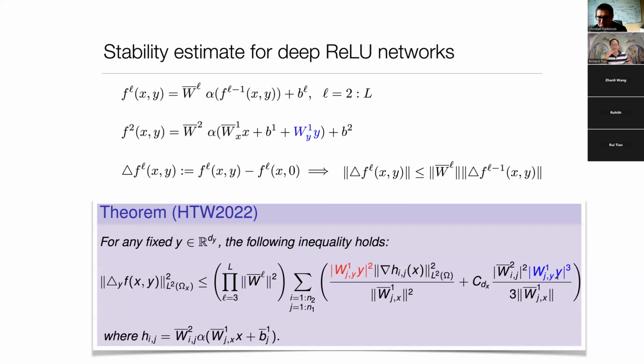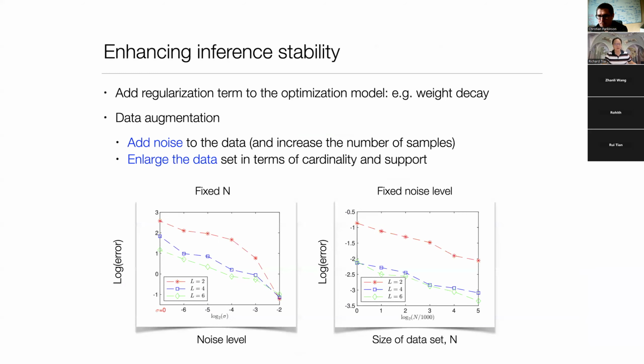The second thing that is interesting is that there's a gradient of Hij here, where H is essentially the output of your first hidden layer. You're looking at the spatial gradient, so how it depends on the change in your input. That also comes into play, and that seems to be interesting to us.